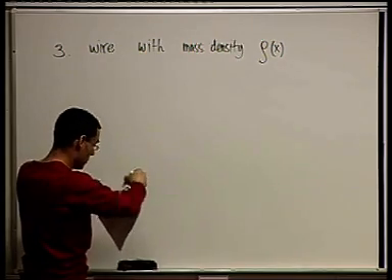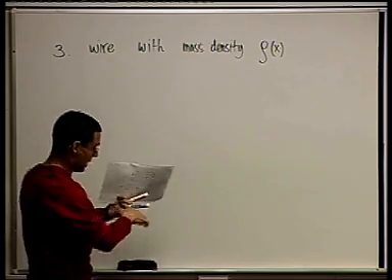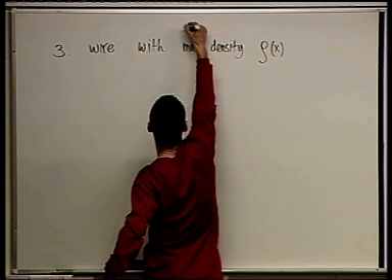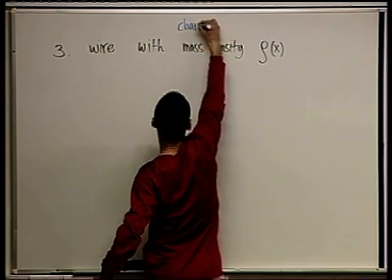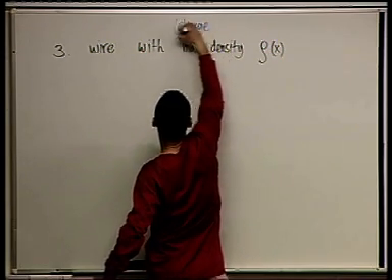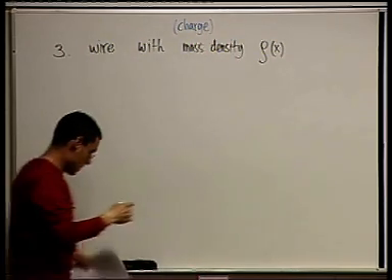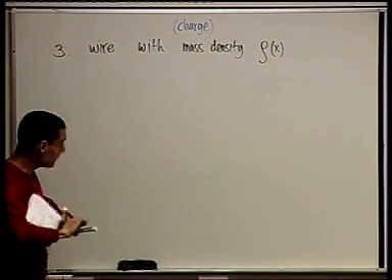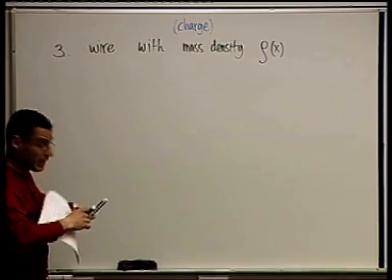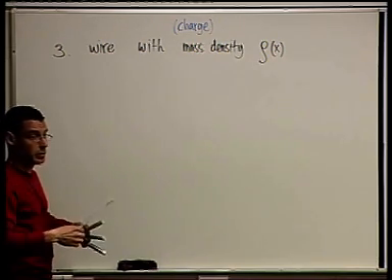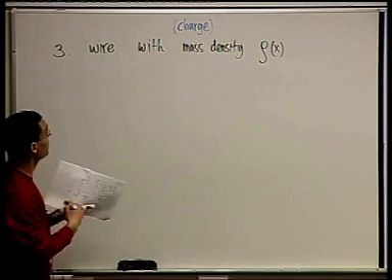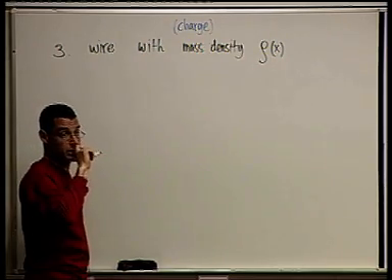And in fact, instead of mass density, you can do charge density. I'm guessing that if you're taking physics 1, you're not doing electromagnetism yet, right? That would probably be in physics 2. Okay, but do you know what mass density means?